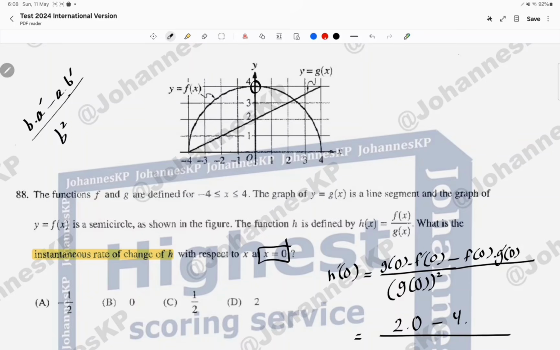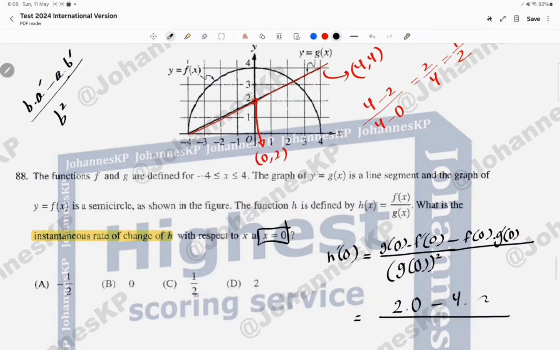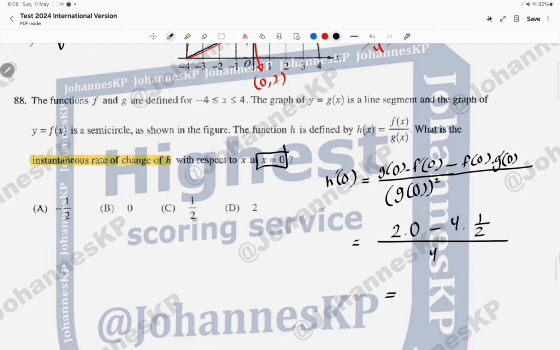G prime of 0 is the slope of this line, which we can find using points like (4, 4) and (0, 2). So 4 minus 2 over 4 minus 0 is 2 over 4, which is half. Now g of 0 is 2, and you square it, that'll be 4, right? So minus 2 over 4, which is minus half, which is choice A.